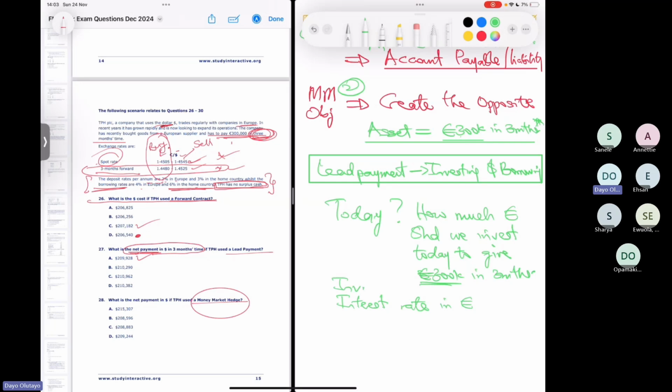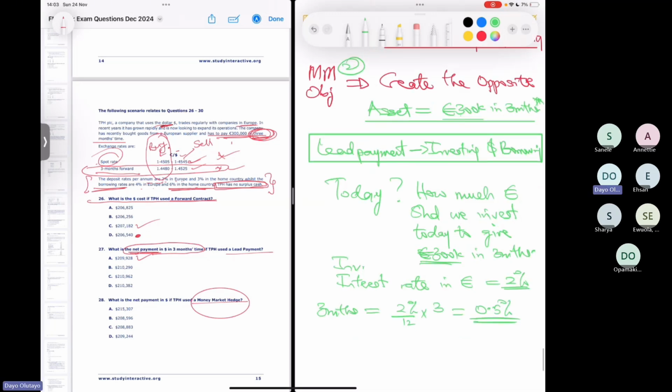It's 2% in euro and 3% in home country. So, we're going to be using 2%. And remember, percentages are per annum. And here we're talking of a 3 months transaction. In that case, that would be 2% over 12 times 3, and that's 0.5%.